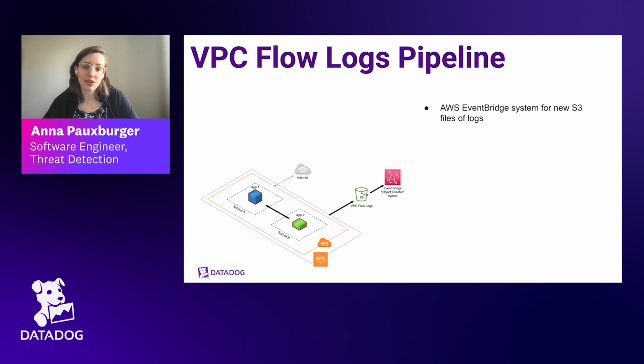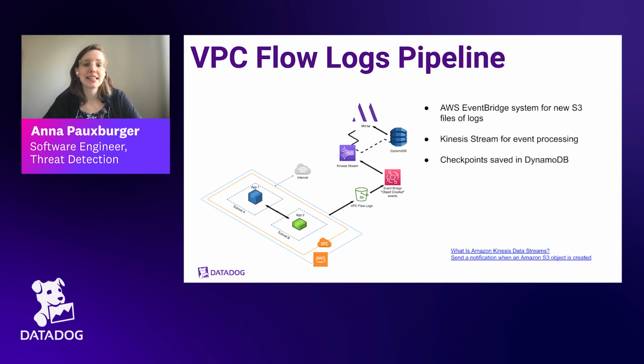Note that that event only holds a pointer to the S3 file, not the actual logs. These events then get forwarded to the Kinesis stream, which is, as the name suggests, AWS's streaming service. The Kinesis stream holds these events in order of creation.